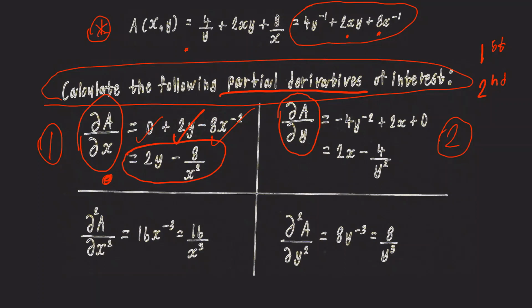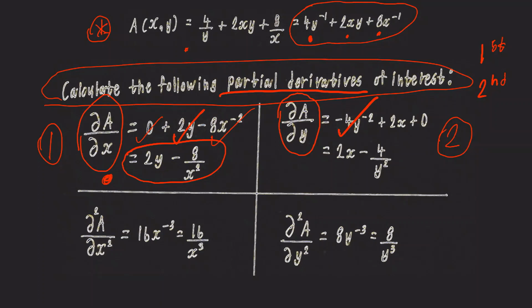And then on the other hand, in this case we are going to consider y to be the variable and x to simply be a constant. So in this case we just differentiate 4y to the power of -1, and we get this. That's pretty straightforward. And then 2xy, we assume x to just be a constant and then y to be the variable.